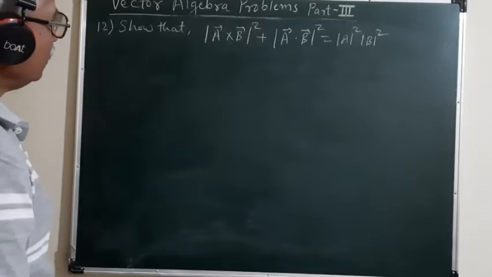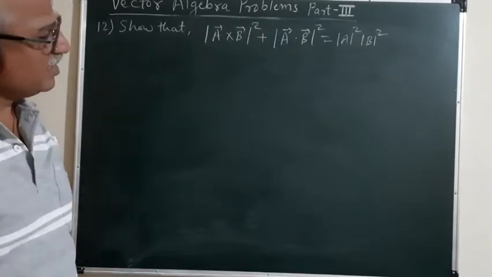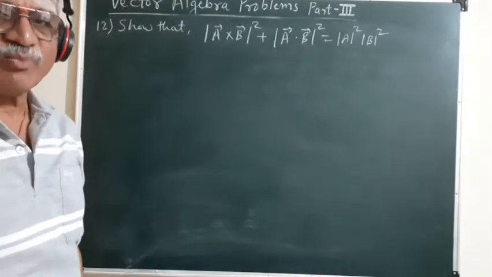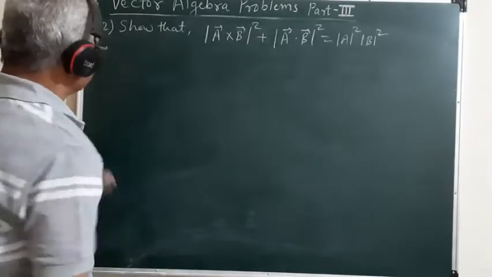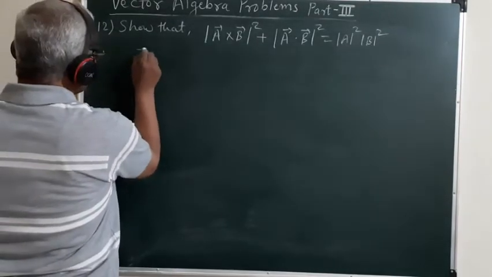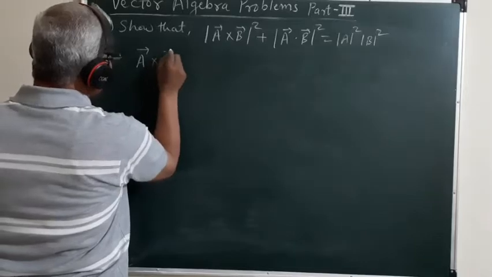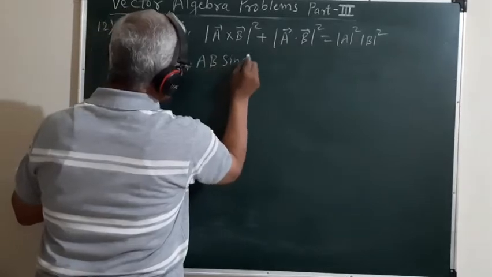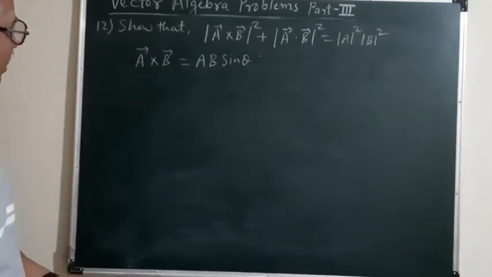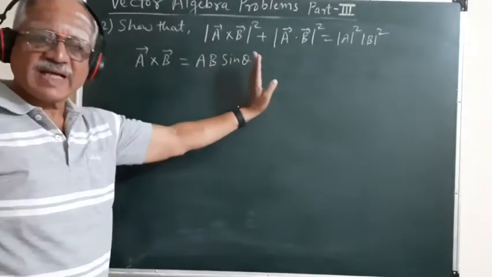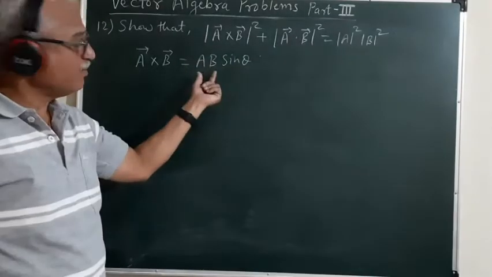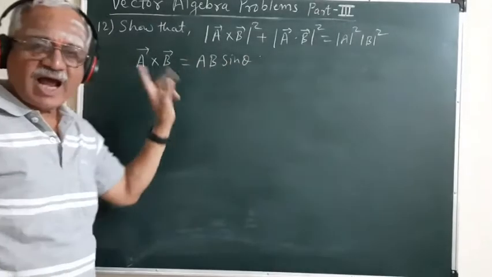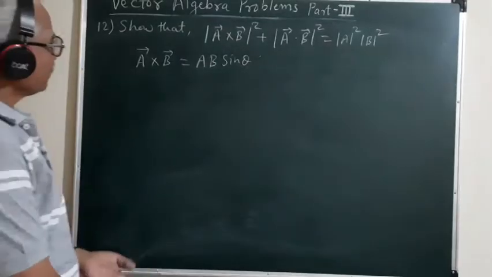So to prove this relation, we can use the definitions of dot product and cross product of two vectors. We have seen that the cross product of two vectors a bar and b bar is expressed as a b sin theta, where a and b are the magnitudes of the two given vectors a bar and b bar, and theta is the angle between the two given vectors.